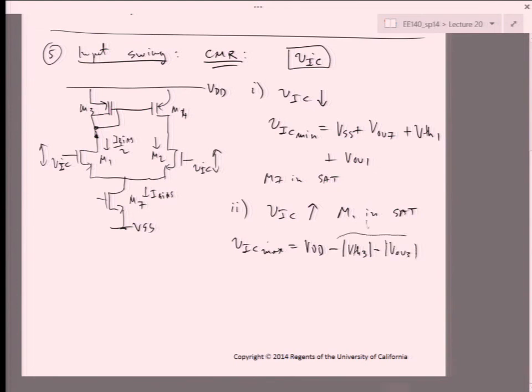So this was VGS3, right? So we drop down by VGS because that's a diode-connected device. And then we're at this drain. And then we go where? Up by the threshold, right? So plus VTH1.